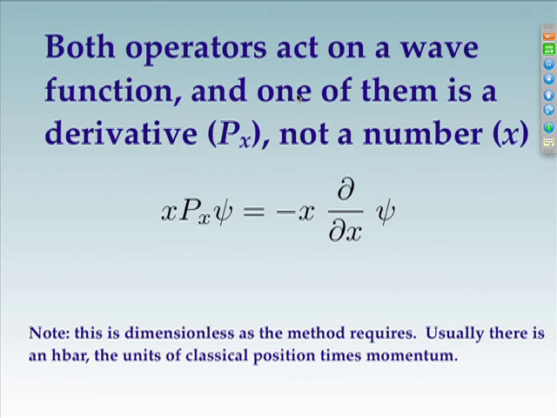The way it works out is that you have these operators that act on a wave function, and one of them is a derivative. In this case, the momentum in the x direction, not a number like x. And yes, if you go on to graduate school, you can reverse that situation and make momentum a number and position an operator. But either way, one is a number, the other is a bit of calculus.